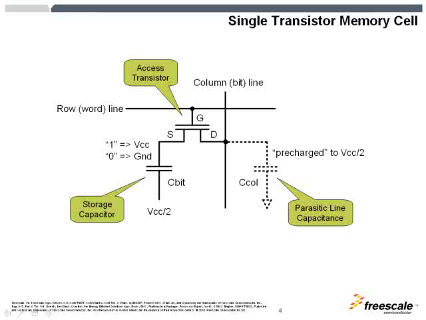That change in voltage is sensed by sense amplifiers, or sense amps, and they store it in a row buffer.